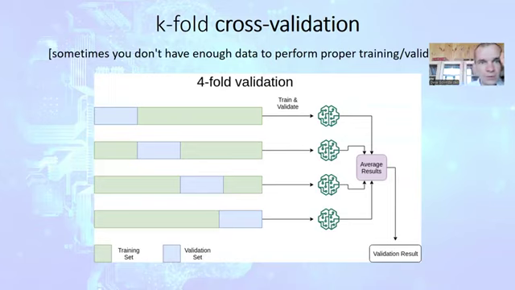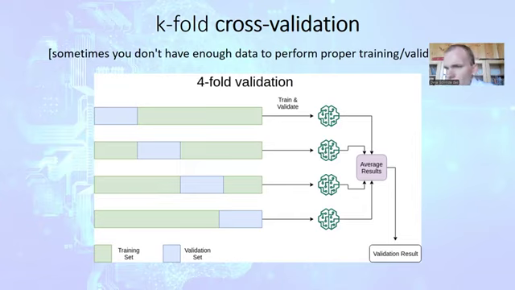Also, sometimes we do not have enough data to perform proper training and validation. Nothing to split. We have very little data. In this case, a very nice technique, called k-fold cross-validation, is used. We split our data, for example, here in a ratio of 1:4 for validation and training, but we do it several times, in several different ways, and then we average our results.